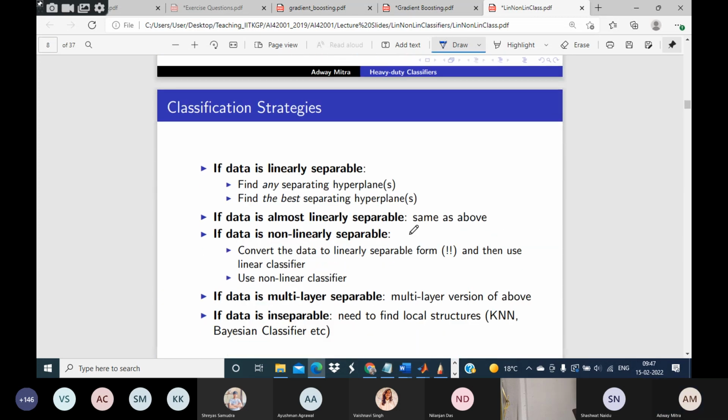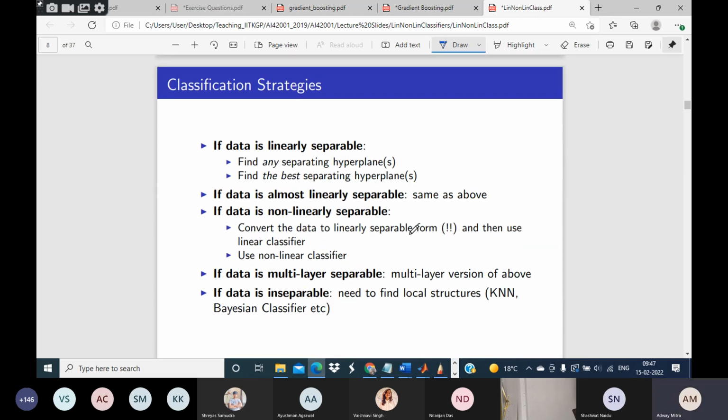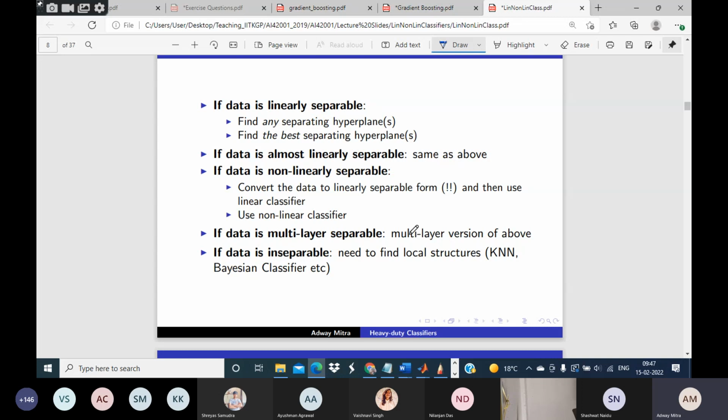Okay. Now, the kind of classification algorithm I will use depends on the nature of the data. If the data is linearly separable, then I will try to find a separating hyperplane, that is, one hyperplane such that all the points of one class are on one side and all the other points are on the other side.